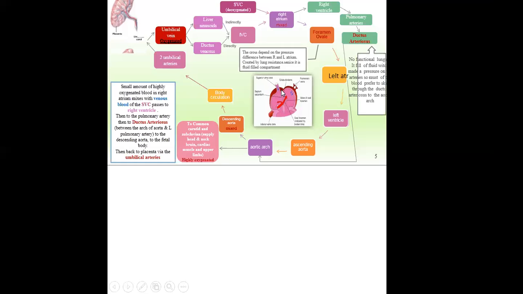So the blood will enter the left atrium, and here it also gets some oxygen mixing, because you see these two bluish lines. They represent the pulmonary veins which bring blood from the developing lungs.